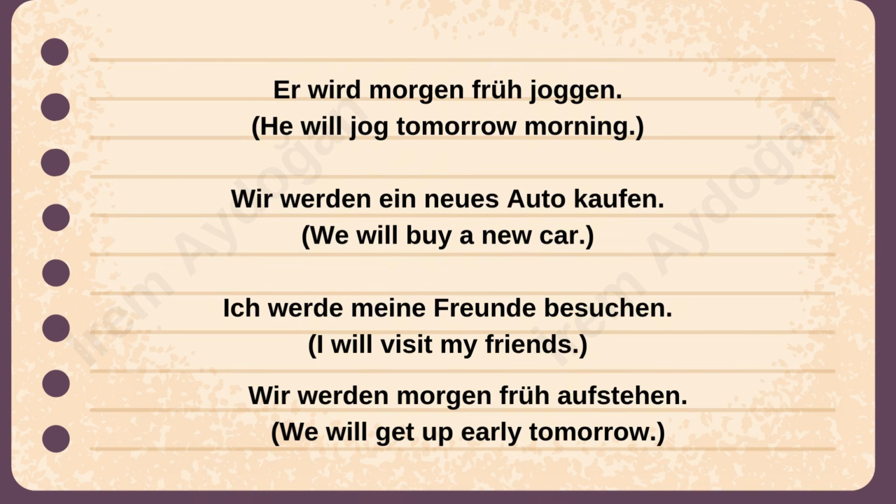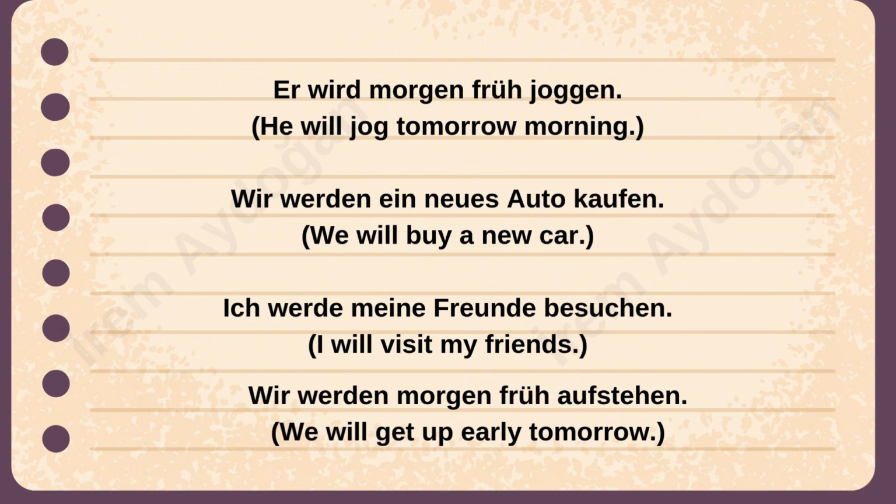Ich werde meine Freunde besuchen. I will visit my friends. I, ich; will, werde; my friends, meine Freunde; besuchen is visit in English. Wir werden morgen früh aufstehen. We will get up early tomorrow.